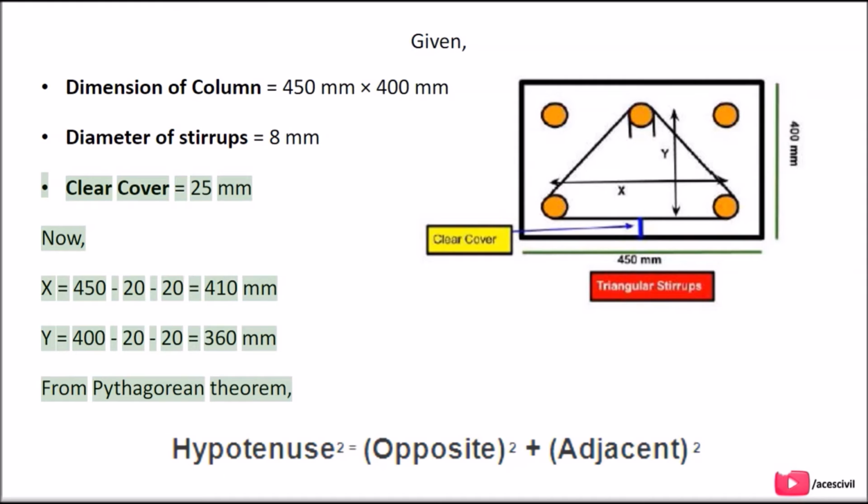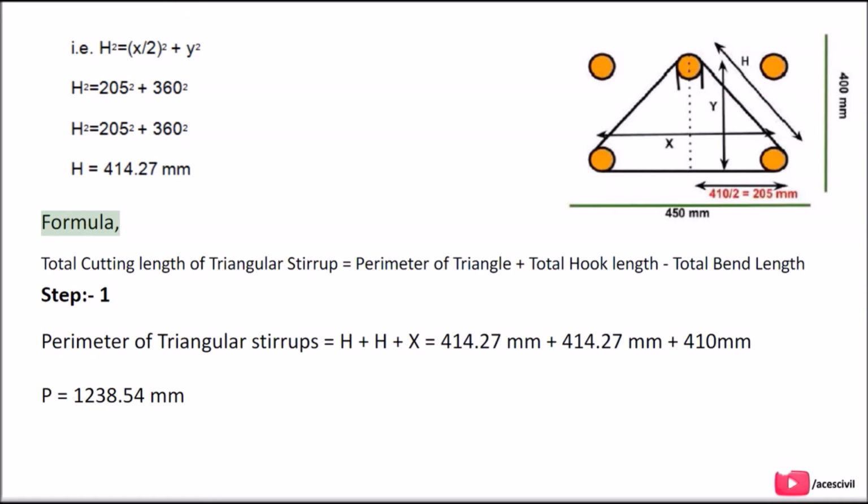Now X equals 450 minus 2 times 20 equals 410 mm, Y equals 400 minus 2 times 20 equals 360 mm, and h from Pythagorean theorem. Formula: total cutting length of triangular stirrup equals perimeter of triangle plus total hook length plus total bend length.